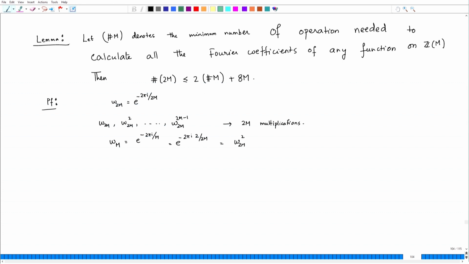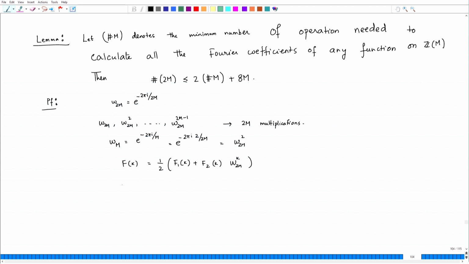Now, let us calculate our Fourier coefficient f hat k. By the definition, this is equal to 1 by 2, f 1 hat of k, the even part, plus f 2 hat of k omega 2 m to the power k.